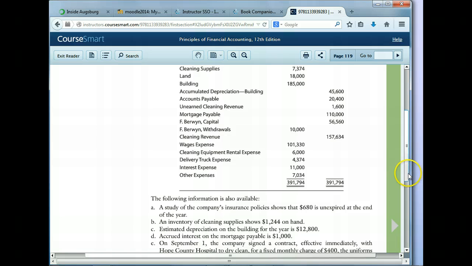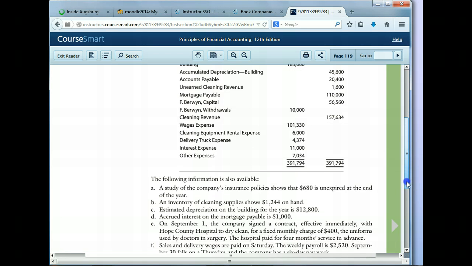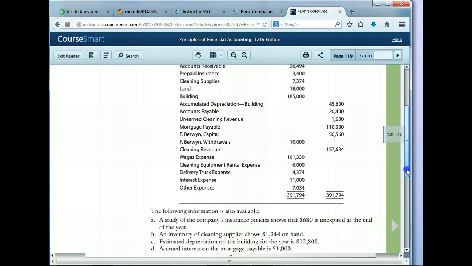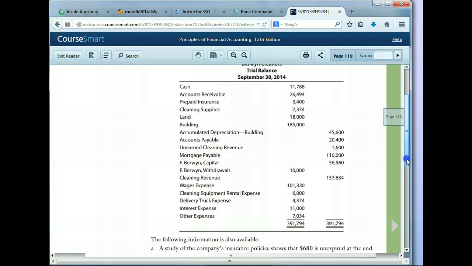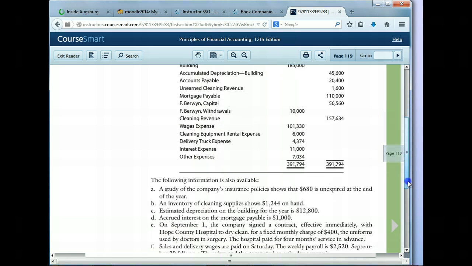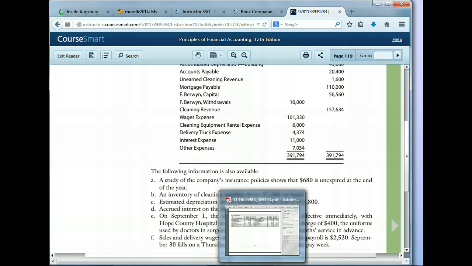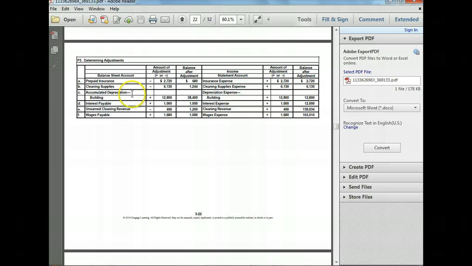and then the balance after that adjustment will be $12,800. Next, we have accrued interest on the mortgage payable of $1,000. If we look at the accrued interest, I don't see any accrued interest. We're going to want to show the accrued interest on the mortgage payable of $1,000. That will be an interest payable, which is a liability account. It will increase, or be credited, $1,000.